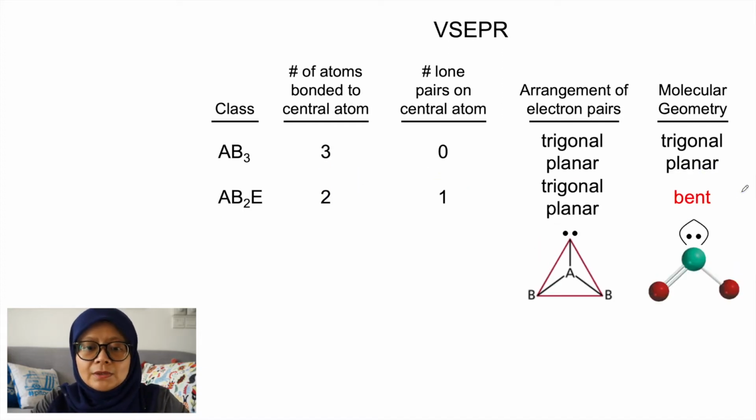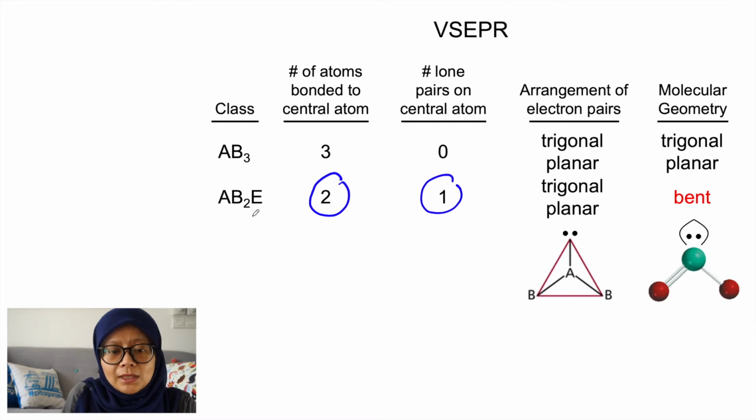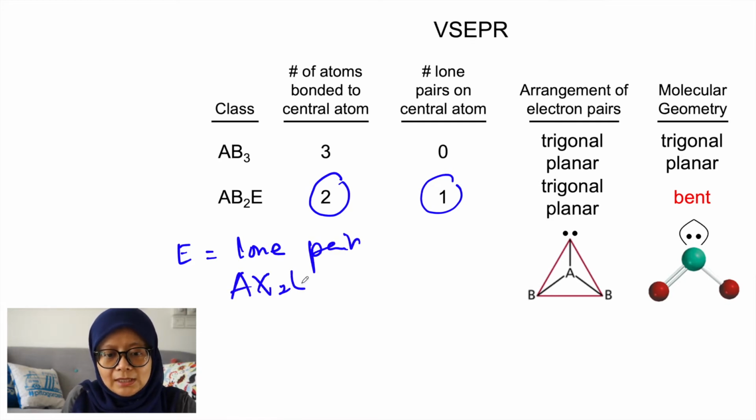Other than trigonal planar, if we have one lone pair on the central atom with 2 surrounding atoms, we write it down as AB2E, where E equals lone pair, or you can write it down as AX2E.